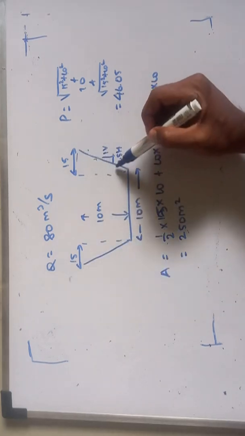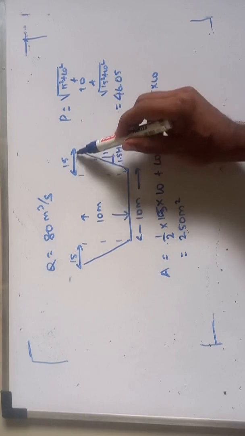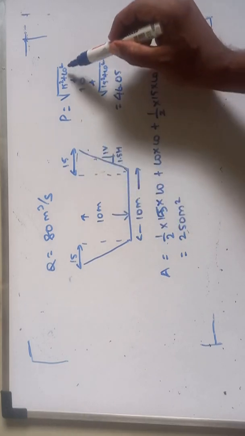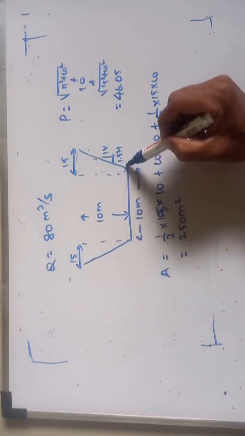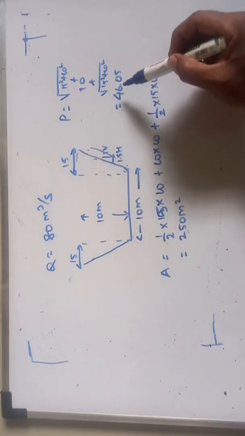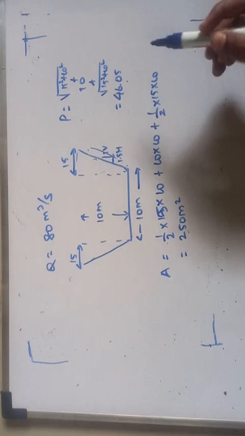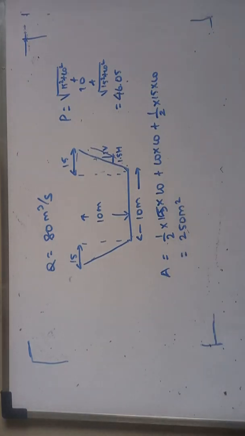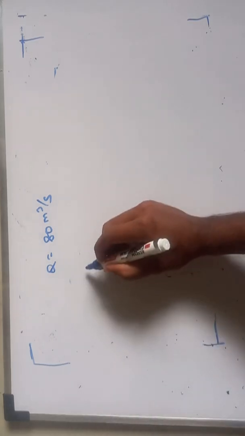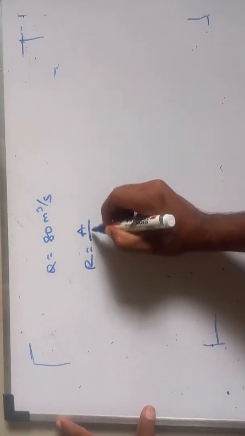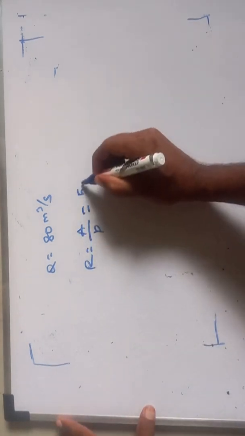This length can be calculated using Pythagoras theorem: root of 15 square plus 10 square, plus 10, plus root of 15 square plus 10 square, that will be equal to 46.05. If I know P and A, then I can easily calculate R. R is nothing but area divided by perimeter. That value will become 5.43.